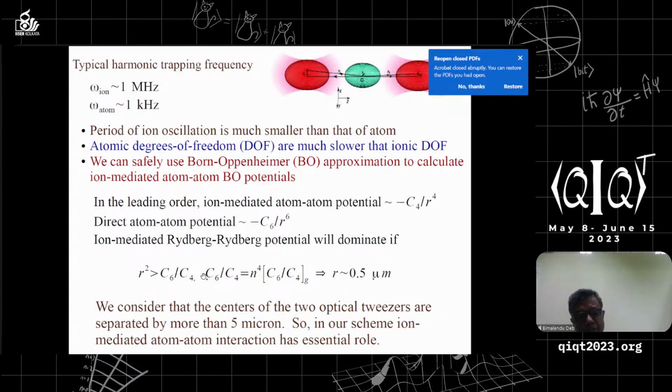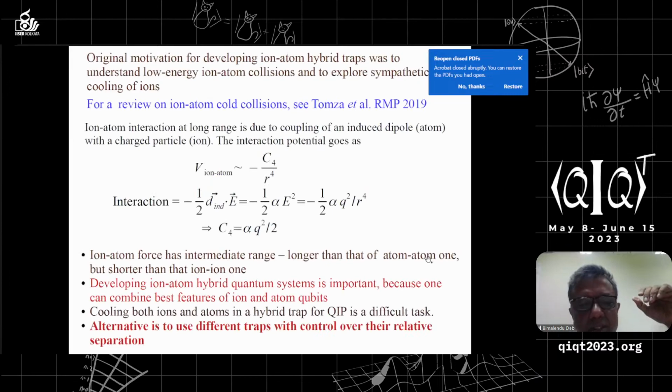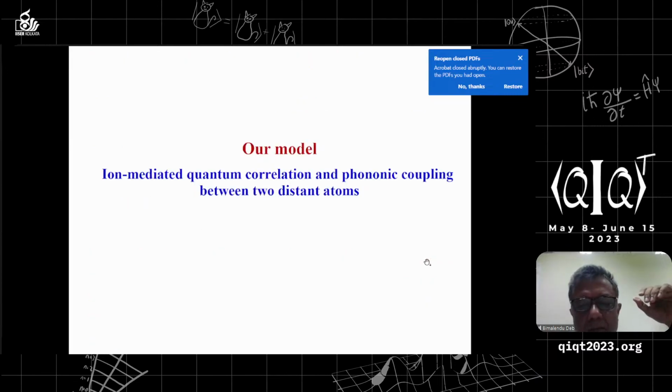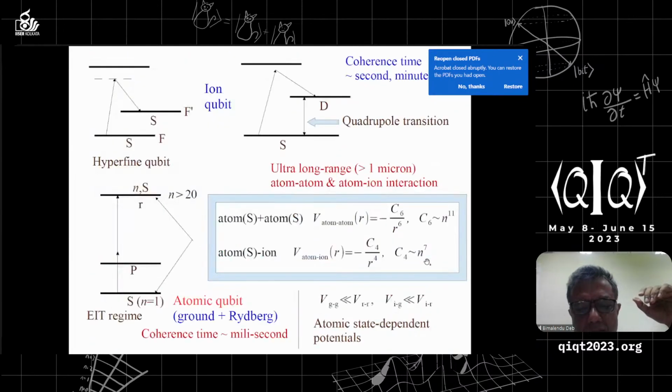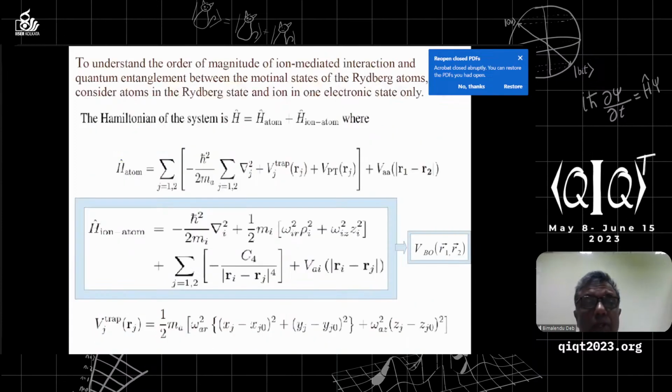We specifically consider that the centers of the two optical tweezers are separated by more than 5 micron for our calculations. So in our scheme, this ion-mediated atom-atom interaction has an essential role.